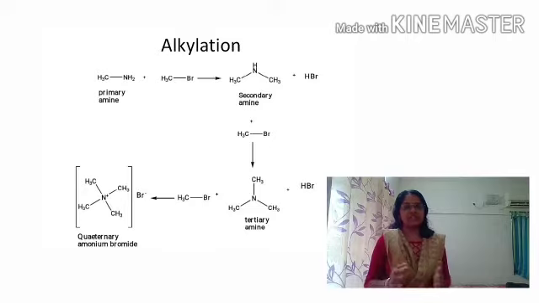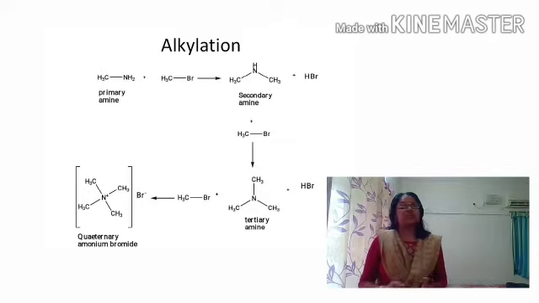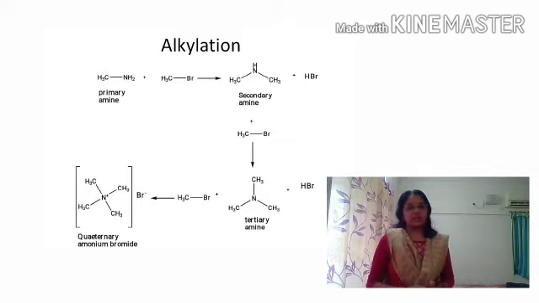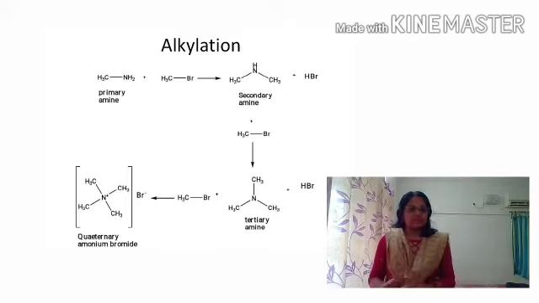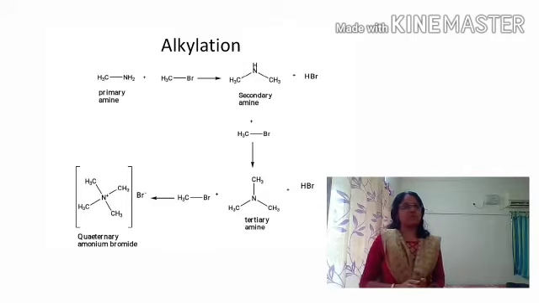Again, the tertiary amine has a lone pair of electrons on the nitrogen atom, so it also undergoes alkylation and results in the formation of a quaternary ammonium salt. So a primary amine undergoes alkylation to give a secondary amine, a secondary gives a tertiary, and a tertiary again undergoes alkylation to form a quaternary ammonium salt.